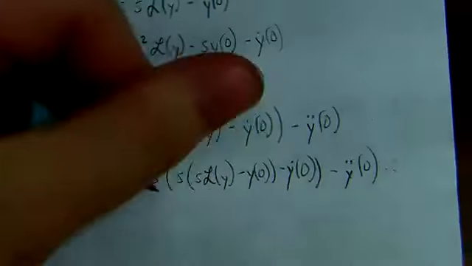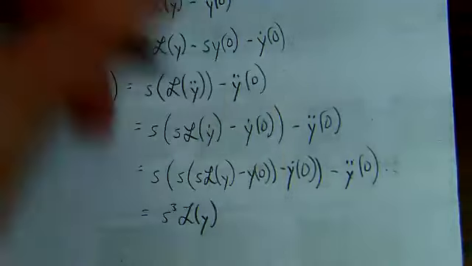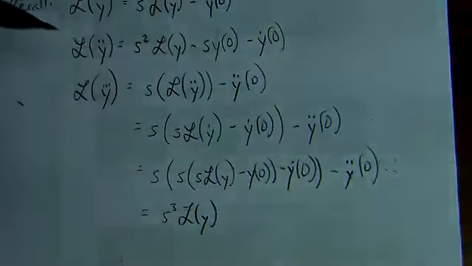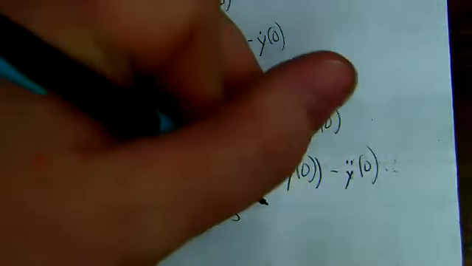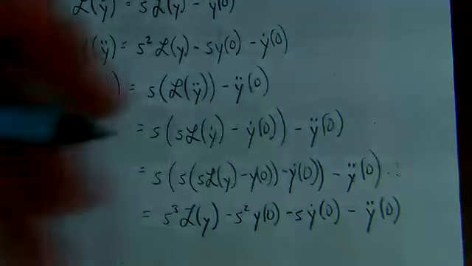And distributing all of this through, we get s cubed Laplace of y minus s squared y at 0 minus s y prime at 0 minus y double prime at 0.